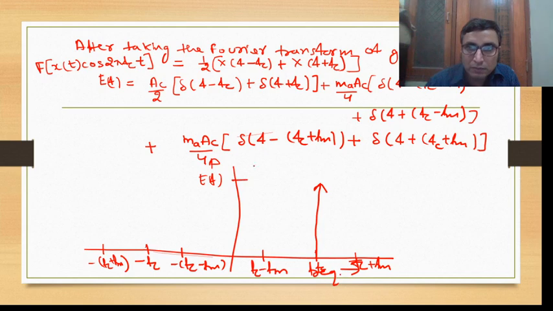The magnitude of the carrier frequency component is Ac by 2, and for the sidebands the magnitude is Ma Ac by 4.